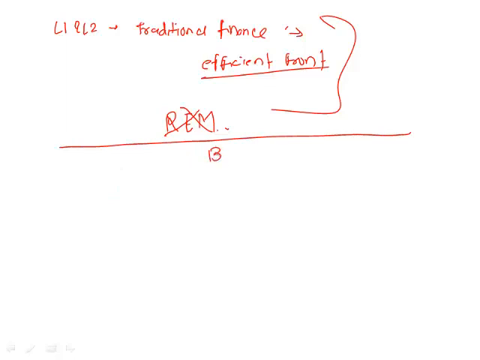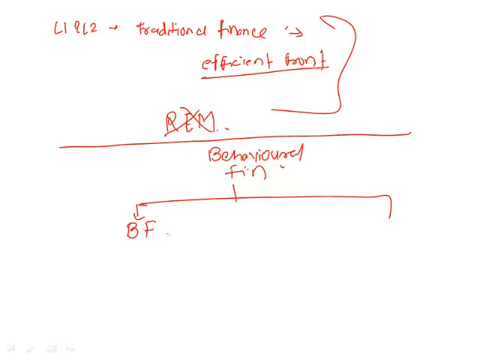This behavioral finance is roughly divided into two parts. There are certain cases where individuals will not behave the way they should have behaved. This part we will call behavioral finance micro, because we are looking at individual behavior.